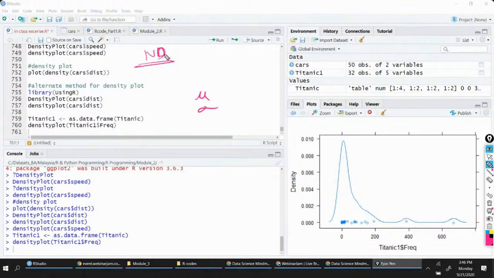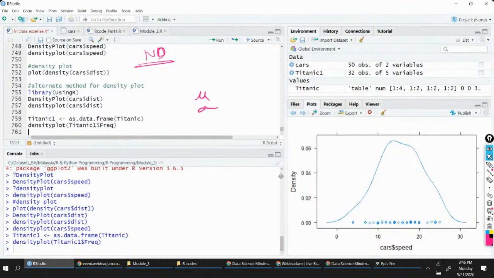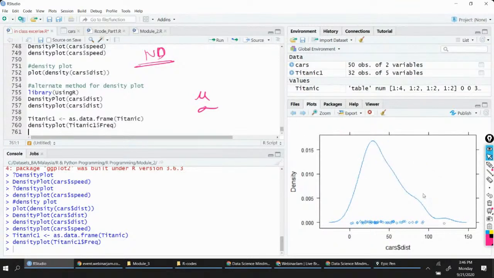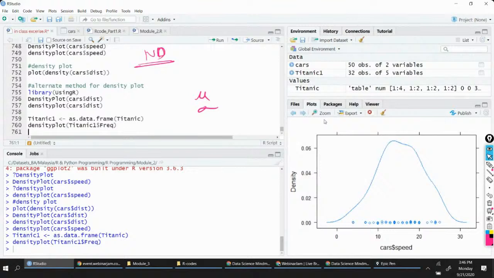And if I split my data at the center, it should be symmetrical in nature. Bell-shaped curve is symmetry, right? This is not symmetry, forget about this. This may be symmetry. This is also not symmetry. So among three, this one looks a little symmetrical in nature, right?